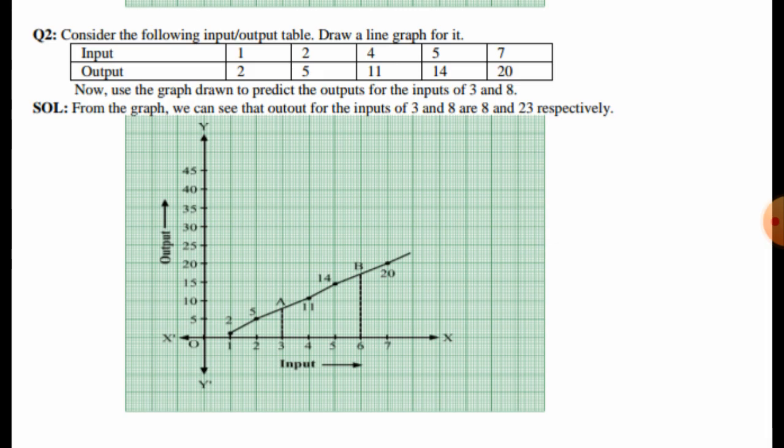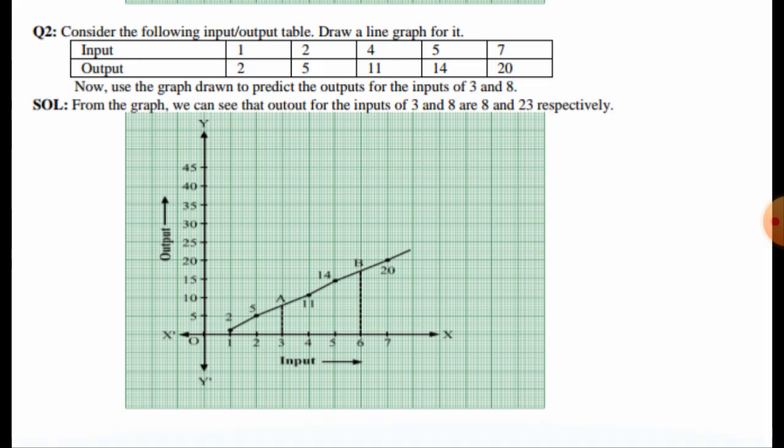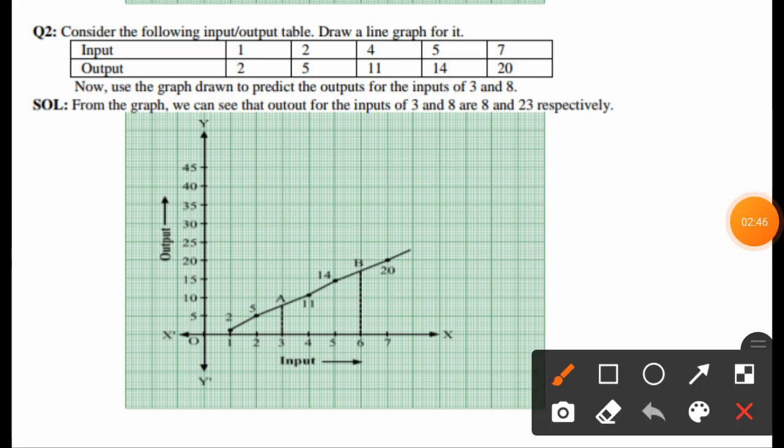So in this solution, on the x-axis we can take input and on the y-axis we can take output. On input we can take 1, 2, 3 up to 7, and on output we can take a gap of 5, that is 5, 10, 15 up to 45.